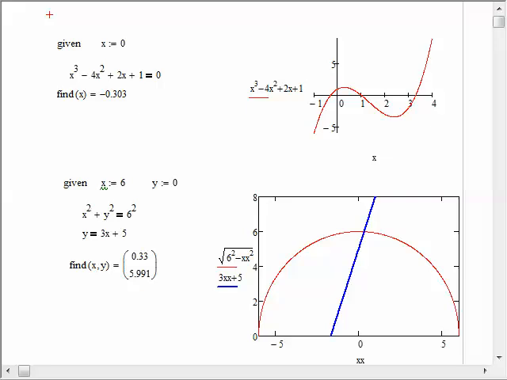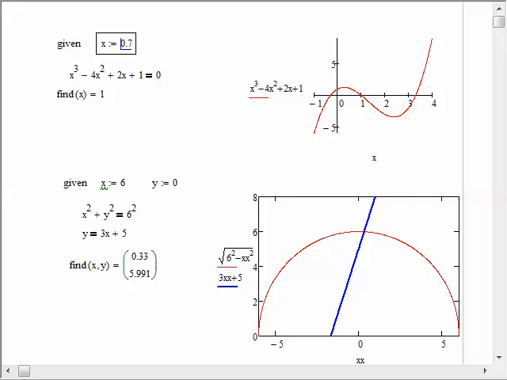Now what I've done was to take this equation and plot it. And we can see it's a cubic. And this cubic does cross the axis 3 times. And starting from a guess of 0, I'm not surprised that it moves over to the minus 0.303 solution. Starting from a guess of about 0.7, I would expect it to go to the solution near 1, which appears to be exactly at 1.